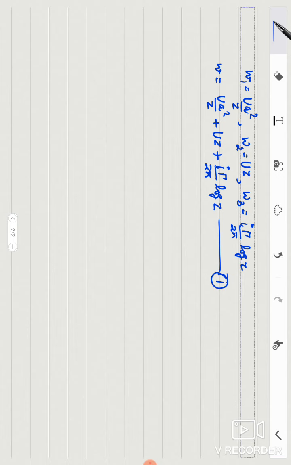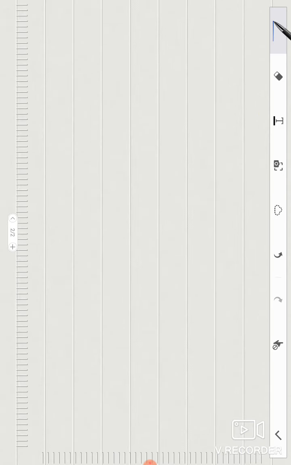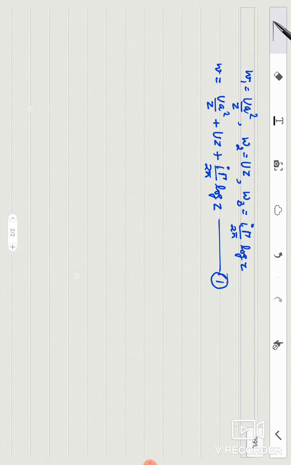Now with the help of this W, you put the values of z, and separate the real and imaginary parts. I am just writing these real and imaginary parts.